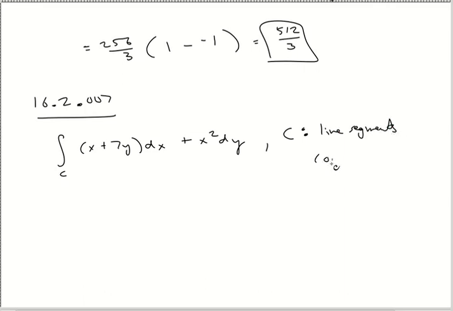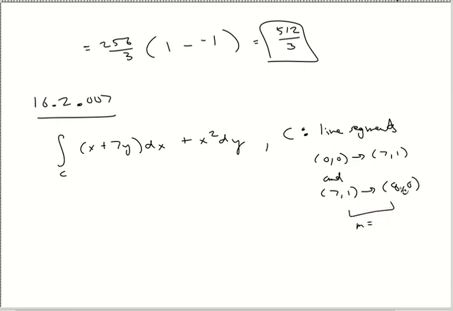We have 0, 0 to 7, 1, and we have the 7, 1 going to 8, 0. The best thing to do here, honestly, is to make two separate integrals, I guess, or paths, and we're going to look at those separately.